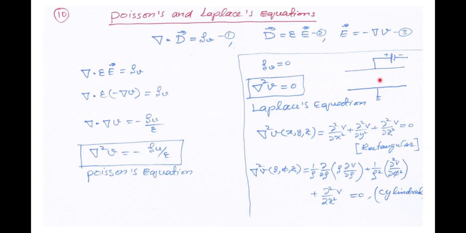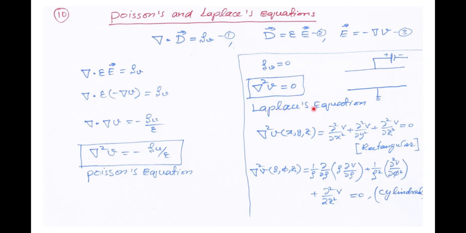As there is no source in between the two conducting boundaries, we can remove the source factor in this relation. So in the absence of the source, this equation reduces to this form, del square v equal to 0.